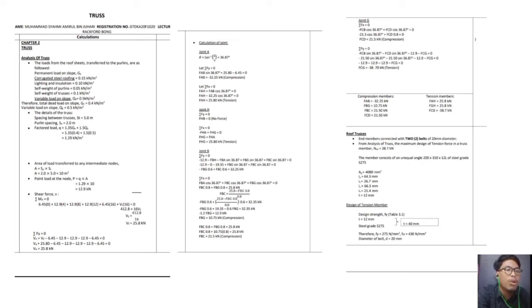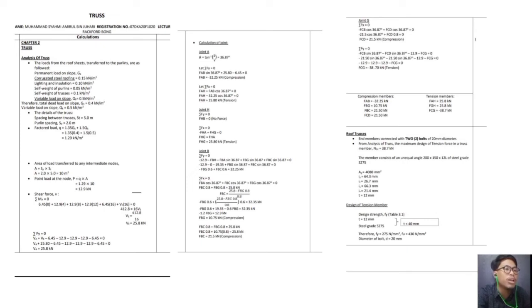The roof truss end members are connected with 2 bolts of 20 millimeter diameter. From analysis of the truss, the maximum design tension force in a truss member is NEd equal to 38.7 kN.